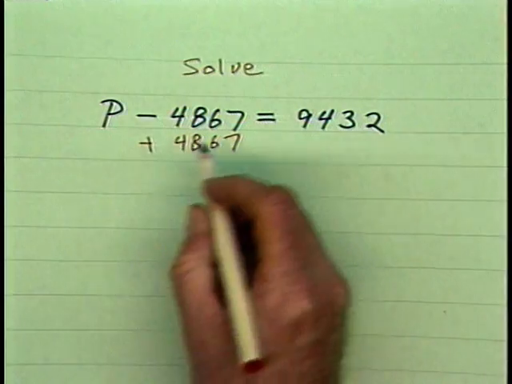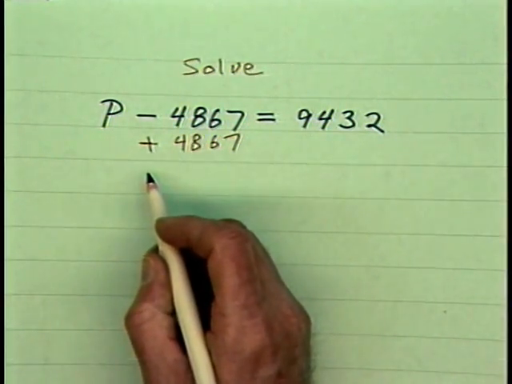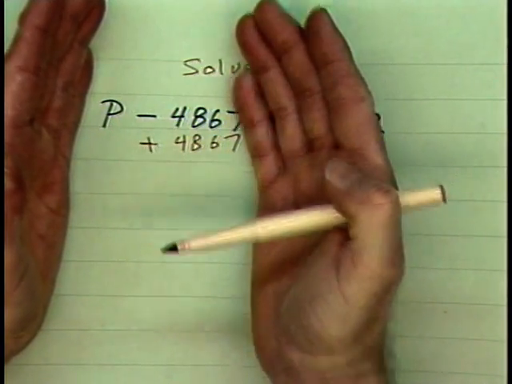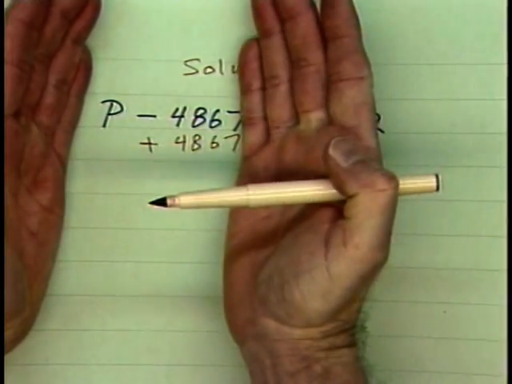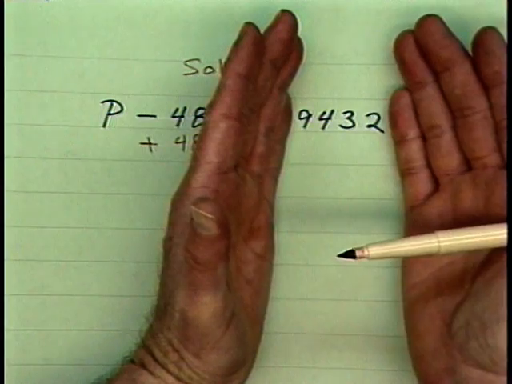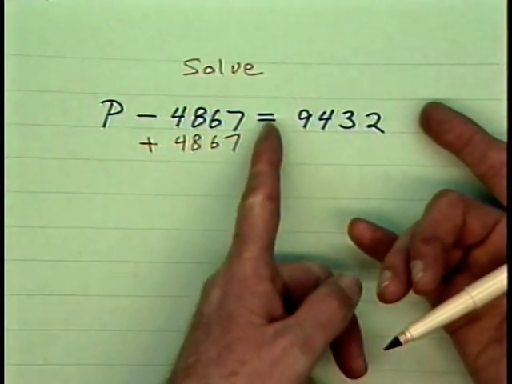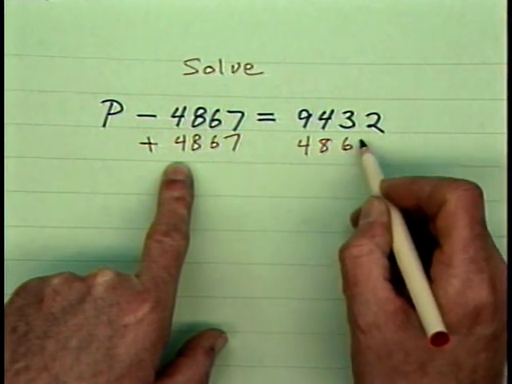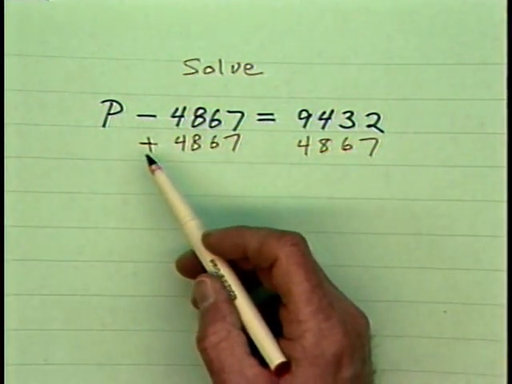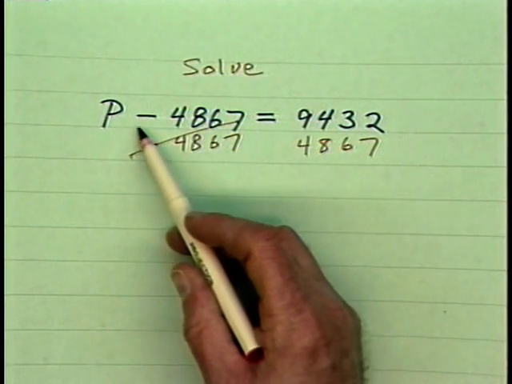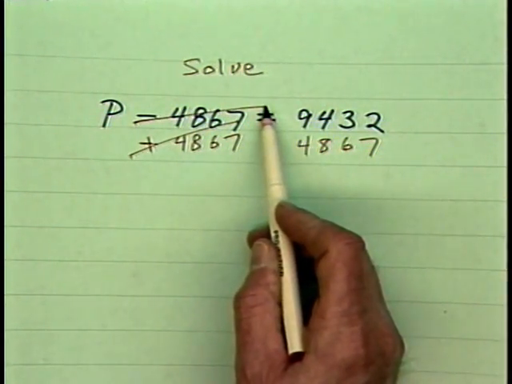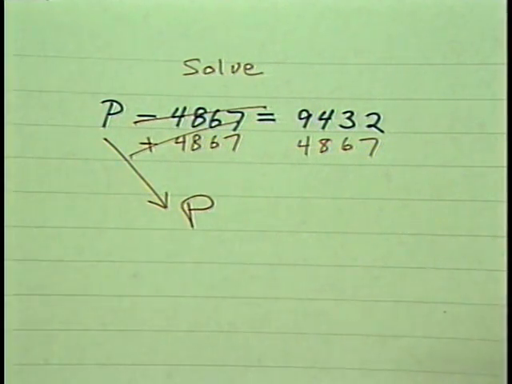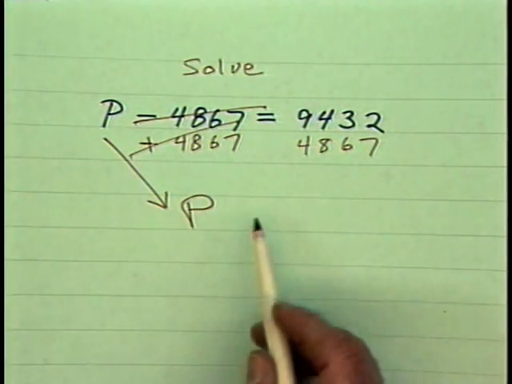But our addition law of equality is now saying whatever I add to this member of the equation, that is the expression on this side, we must add to the expression on the other side of the equality. And on this side, this has the effect of undoing that, leaving me with only my variable P.